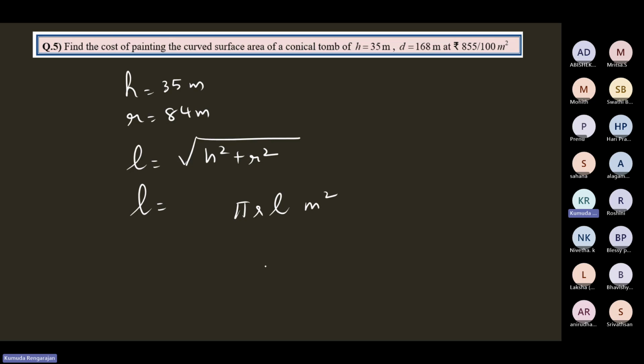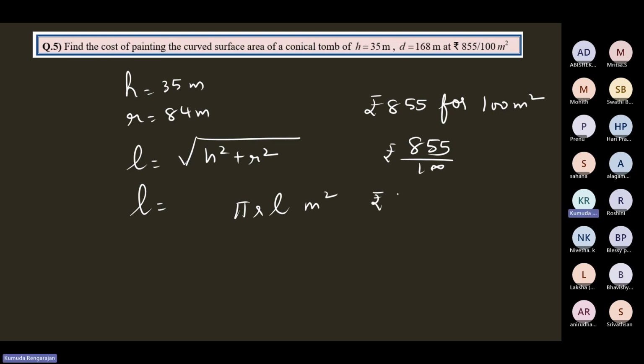And the rate of painting is rupees 855 for 100 meters square. So for 1 meter square, how much? 855 by 100. Rupees 855 by 100 will be the rate for 1 meter square.